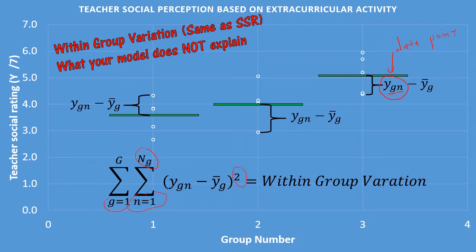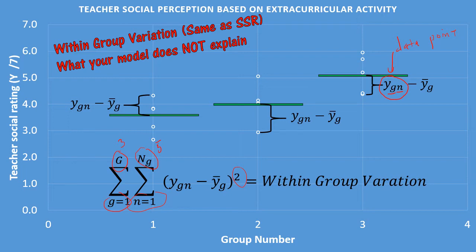So you go from group 1 up to group 3. So in this case, this would be 3, and n for all of them would be 5, even though in another case you might have different groups or different group sizes. So that's what we'd be doing here, is you just find the variation within each group, and you add it together, and that's your residual. That's the same as the SSR.